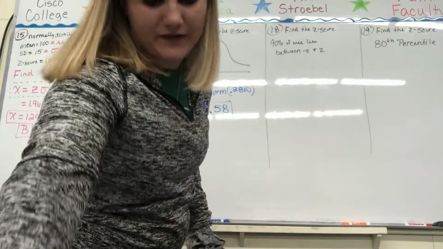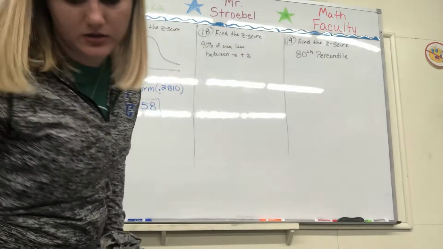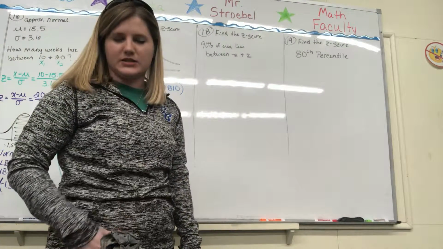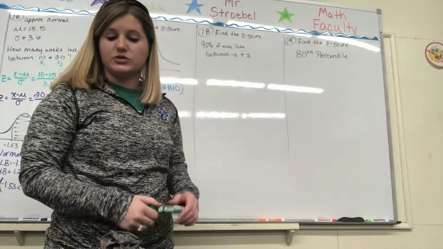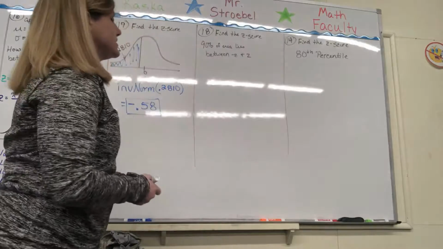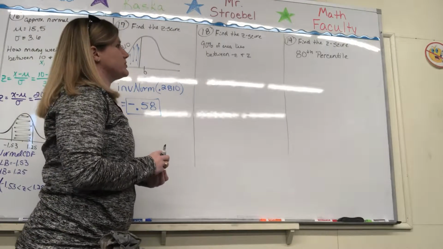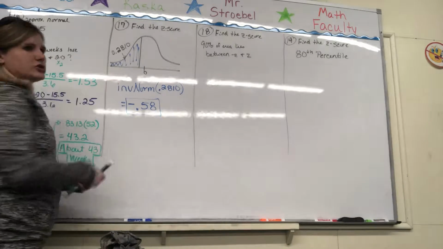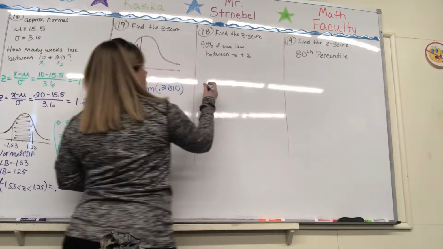Okay, next one, find the z-scores for which 90% of the distribution's area lies between negative z and positive z. Okay, 90%. So again, let's start off by always drawing a visual.